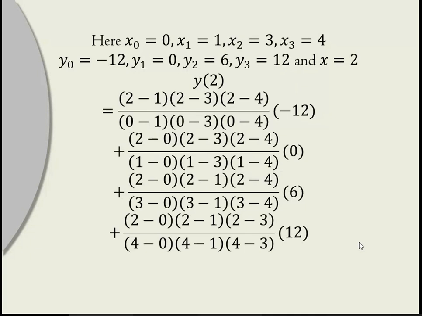It is a simple calculation, just multiplication and addition of the terms. So you can easily do this calculation and get the value of y at 2. So y at 2 will be 2 plus 0 plus 4 minus 2. The 2s get cancelled, so the value of y at 2 is 4.